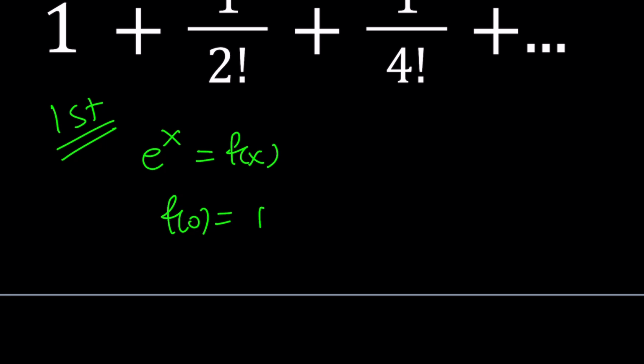And then you can differentiate it and evaluate it at 0 constantly. You keep doing this, and that's going to give you a bunch of values, right? But at the same time, you can make an assumption that this f of x, which is e to the x, can be written as a sub 0 plus a sub 1 x plus a sub 2 x squared, and so on and so forth, as an infinite series, which we call a power series.